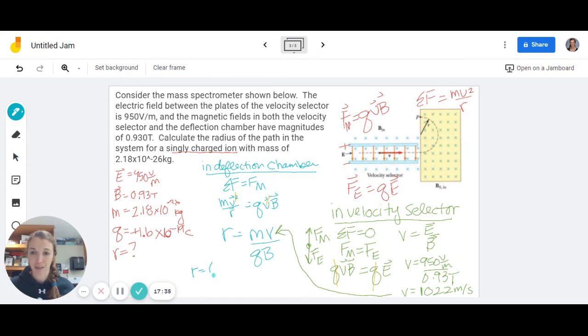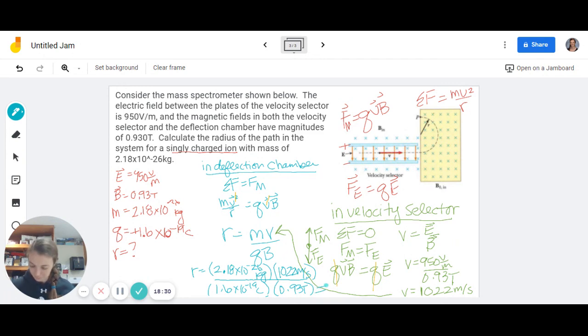So radius is equal to our mass, which is, oh sorry, I forgot my 1/8, 2.18 times 10 to the negative 26 kilograms, times my velocity, which is 1,022 meters per second, divided by charge, which is 1.6 times 10 to the negative 19th coulombs, times my magnetic field, which is 0.93 Tesla.